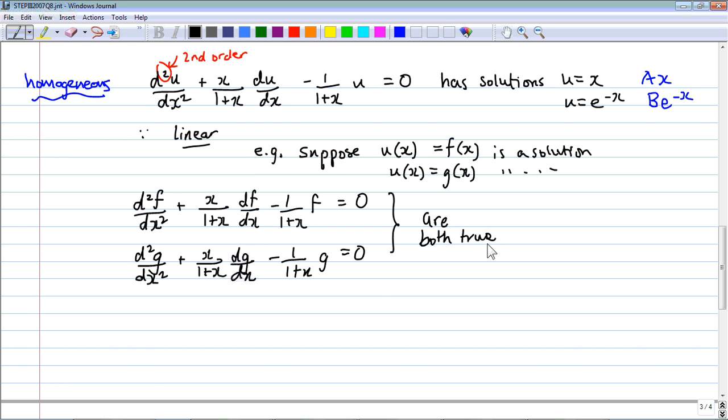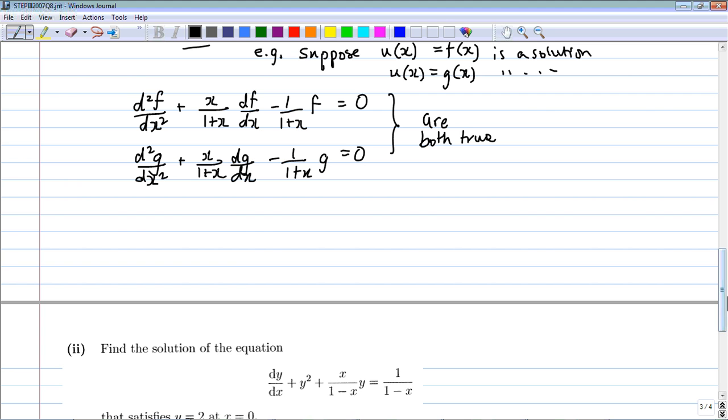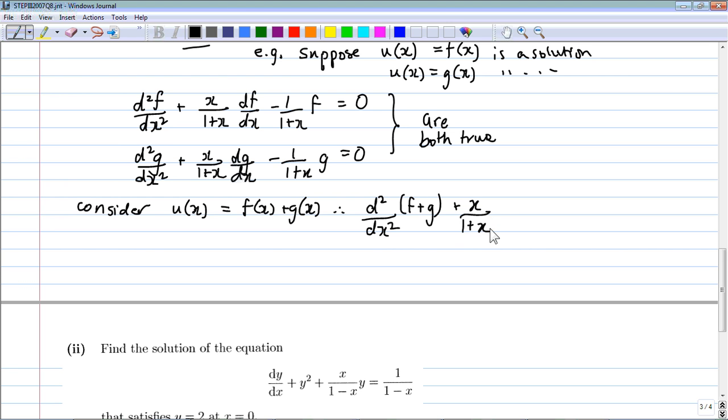And then if we consider a new function, u of x equals f(x) plus g(x), and we calculate the same form, d2 by dx squared of f plus g, plus x over 1 plus x d by dx of f plus g, minus 1 over 1 plus x times f plus g, is this equal to 0?